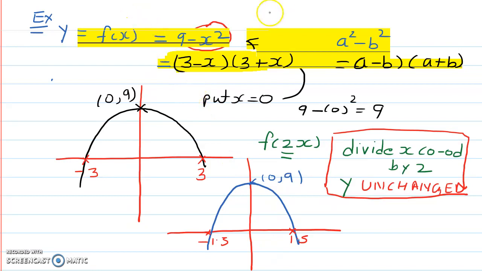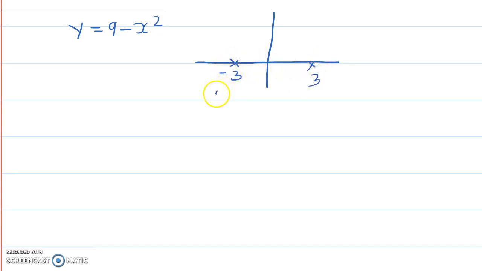Similarly, this is our question, 9 minus x square, and we know the sketch of this will be: this is minus 3 and this is plus 3, and it is going like this, and this is 0 and 9.